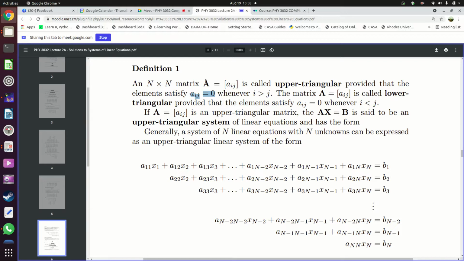Your matrix A, which is a square matrix and needs to have the same number of rows and columns, then becomes what is called an upper triangular matrix.